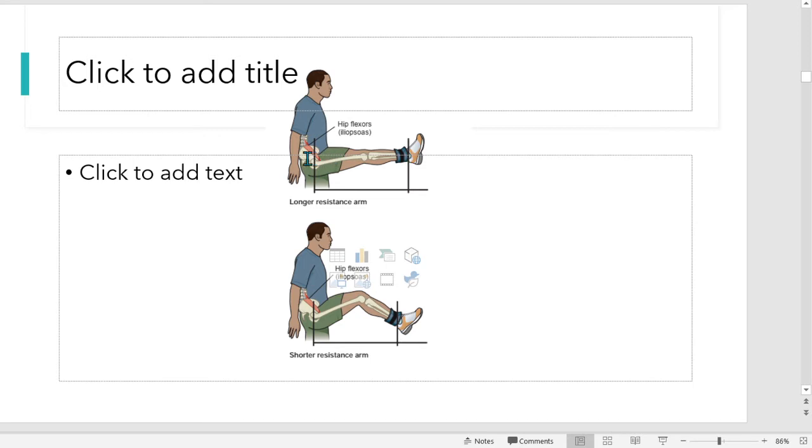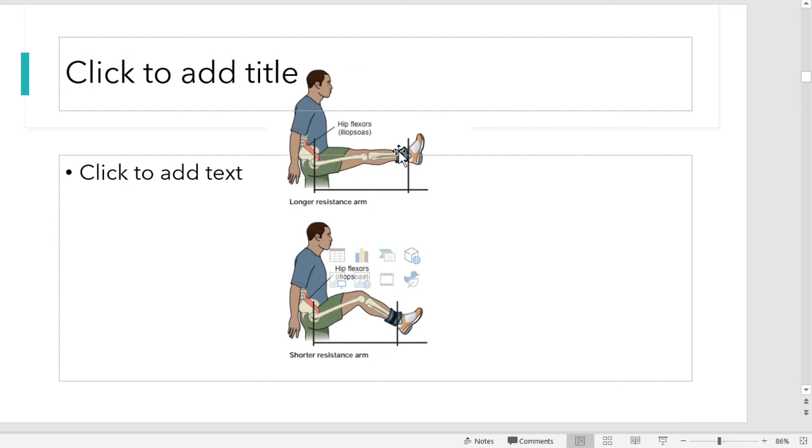Okay, so we can say that this is a longer resistance arm because it is long. So if we are going to flex the knee, you will now have a short resistance arm.